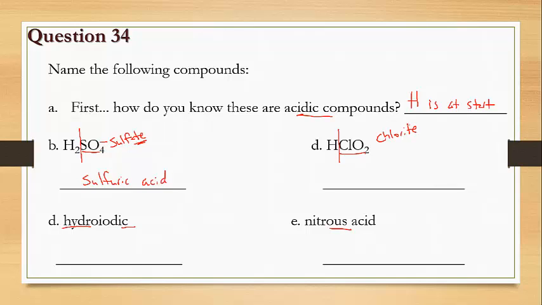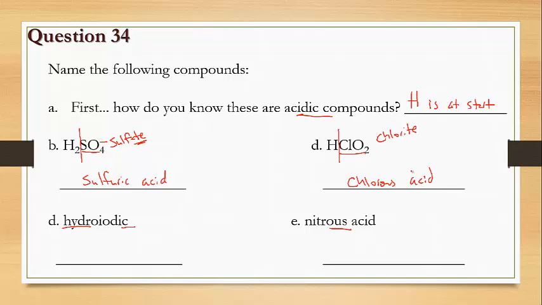So if it's chlorite and it ends in -ite, then our rules say that we're going to have something that sounds just like that, but it's going to end in -ous. So we're going to take that chlorite and change it to chlorous, and then put the simple ending of acid at the end of that.